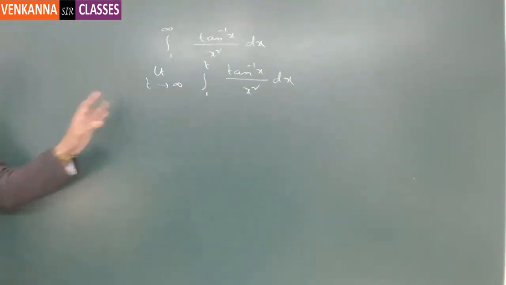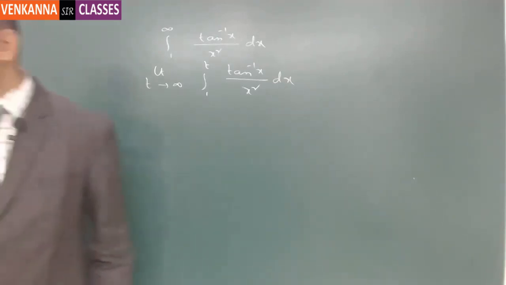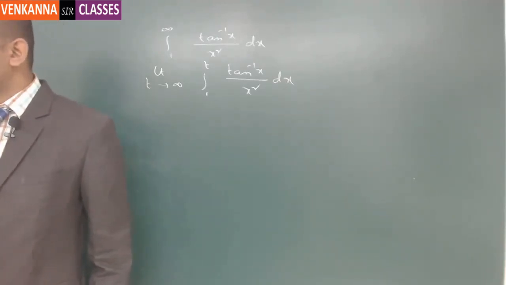Now, any guesses how to solve this problem from anybody? Since we have come across so many methods with regard to integration, what procedure can we use here? Right, integration by parts.